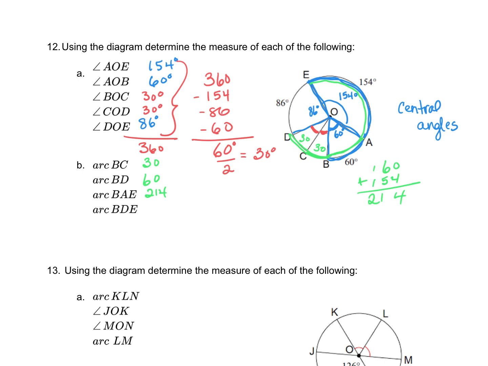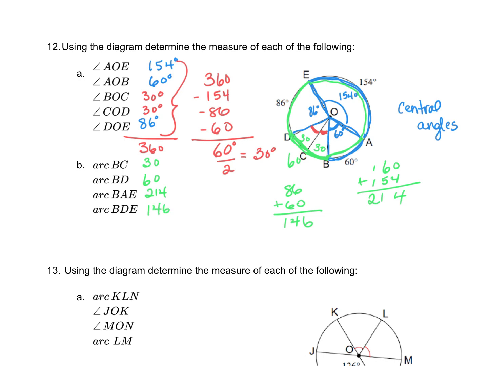And then arc BDE, so B, D, and then E. We already know BD is 60. So to add on DE would just be 86 plus 60, which would give me 146.